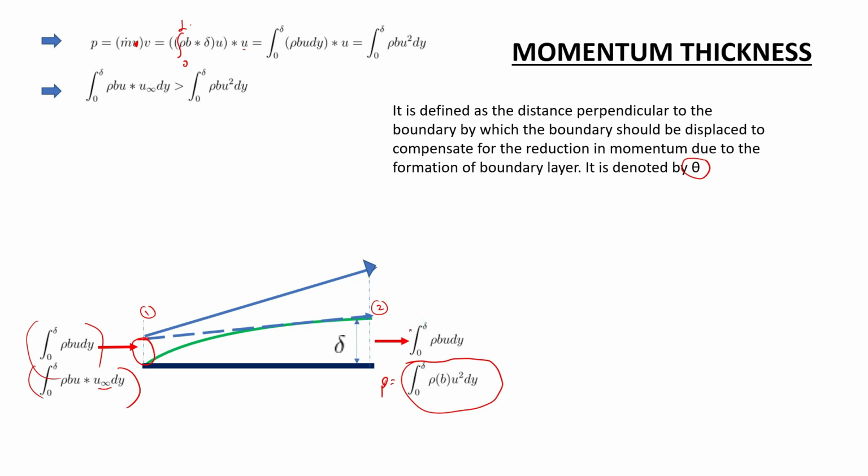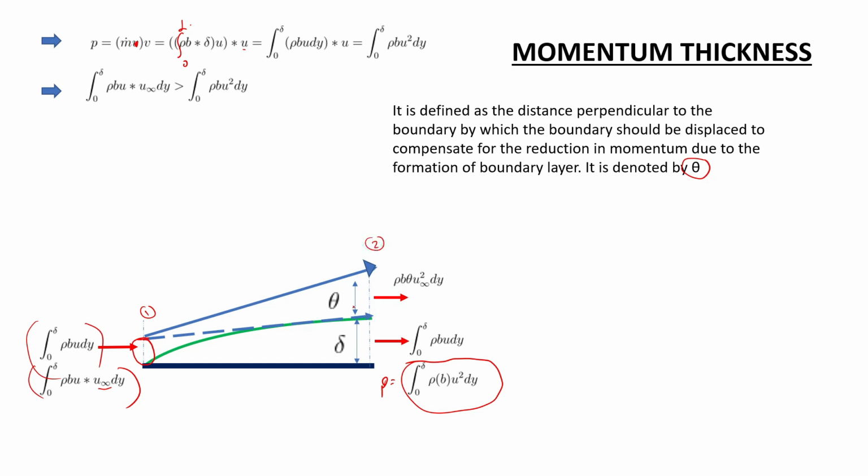So to compensate for the reduction in momentum due to the boundary layer formation, the boundary needs to be shifted up. You can see that the streamline needs to be shifted up by a distance theta, and you need to find this distance theta.